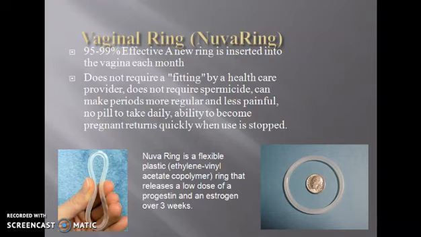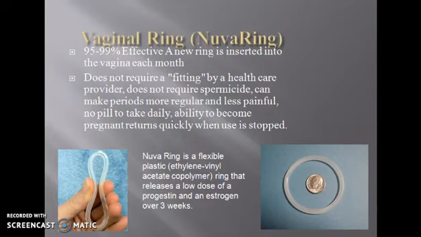This one does not require a fitting by a healthcare provider, does not require spermicide, can make period more regular and less painful, no pill to take daily, ability to become pregnant returns quickly when use is stopped. So for Nuva ring, it is very, very effective.